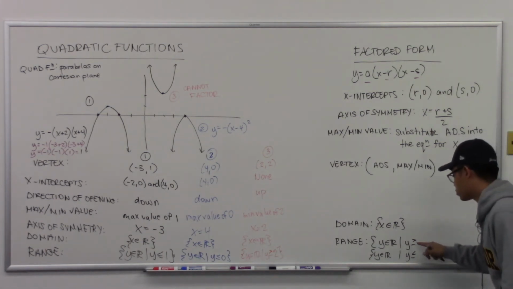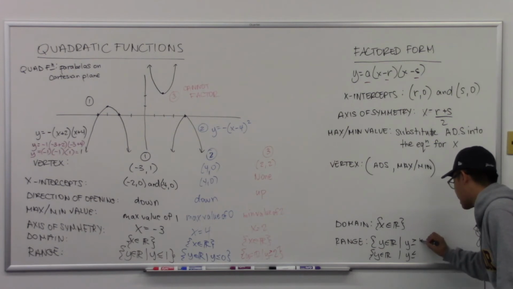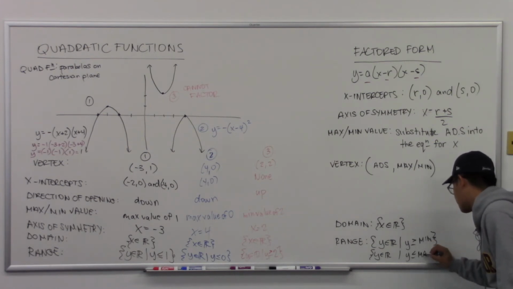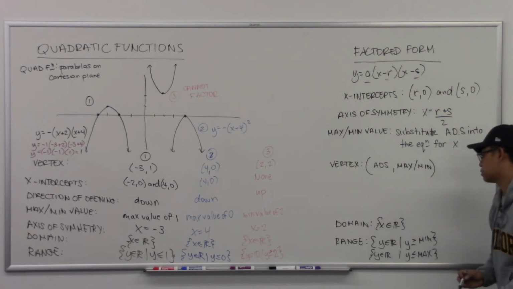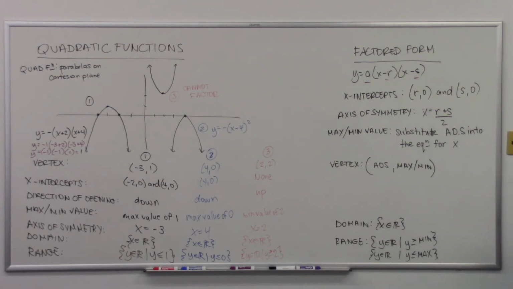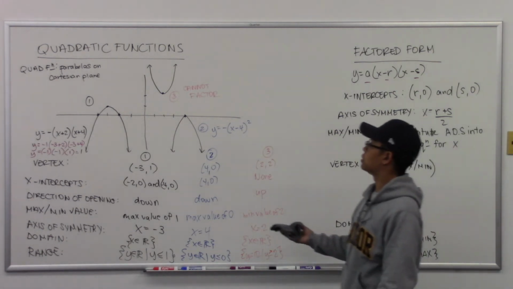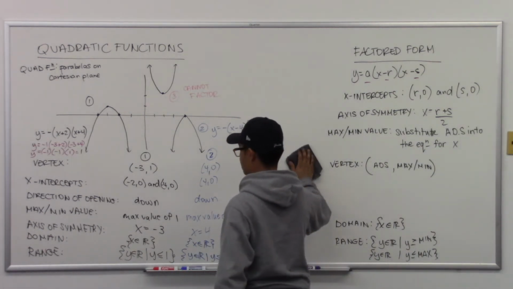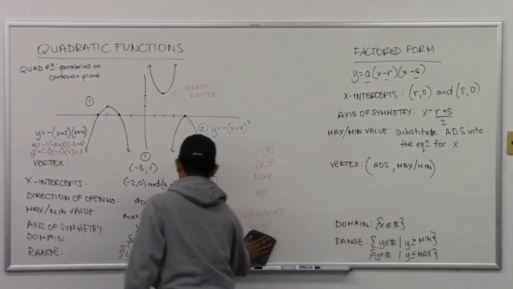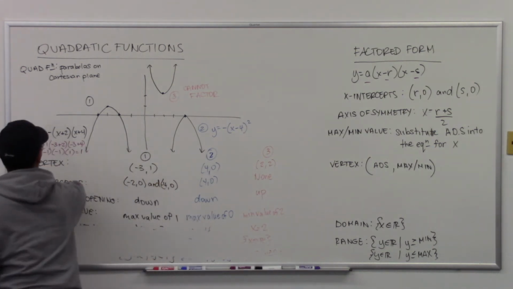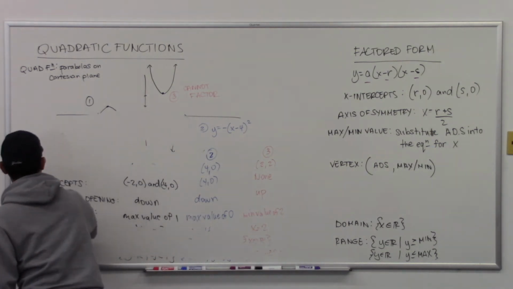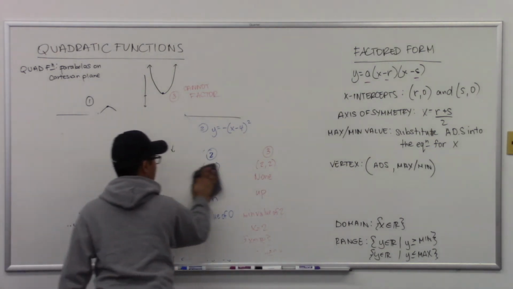It's always greater than or equal to the min if it has a min, or it's less than or equal to the max. Okay? That'll take you a couple quiz, or that'll cover quiz 4.